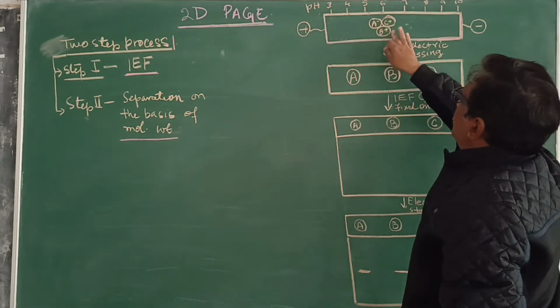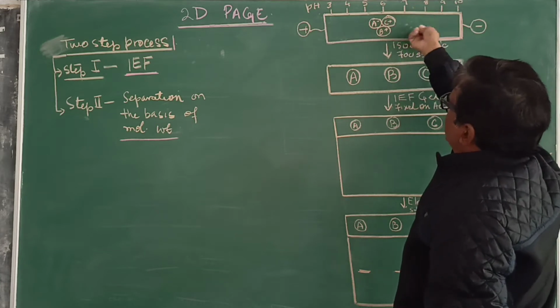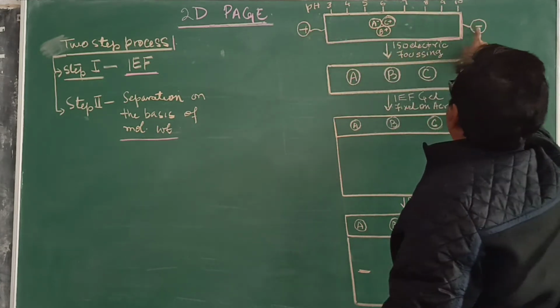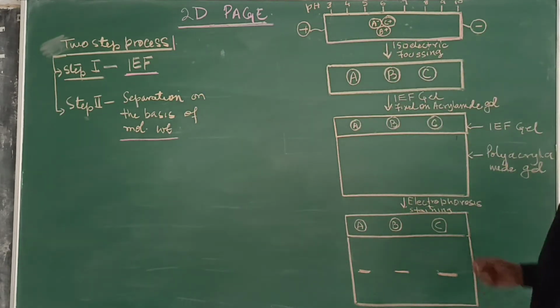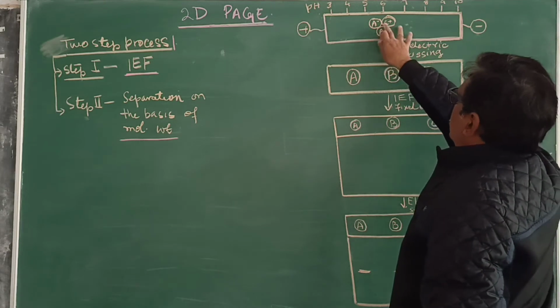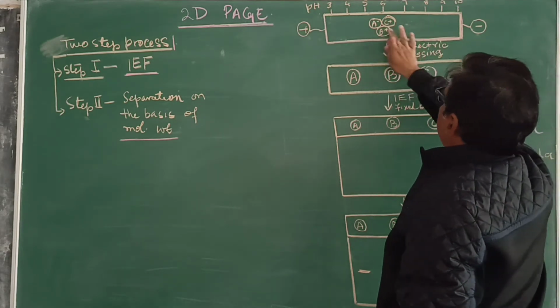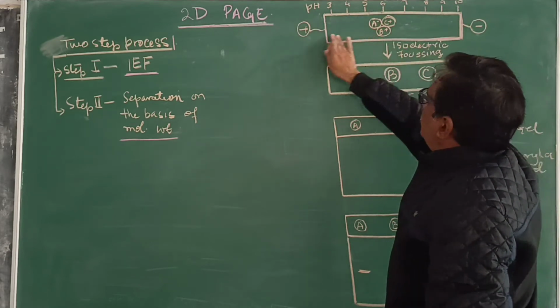These are the protein molecules having different charge, and the sample is dropped here, suppose at this point, and it is connected to the electric supply. These protein molecules having different charge will start moving according to their charge on the pH gradient on the strip.